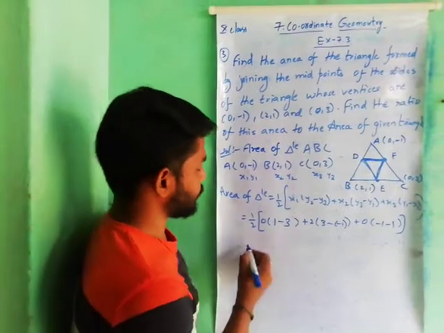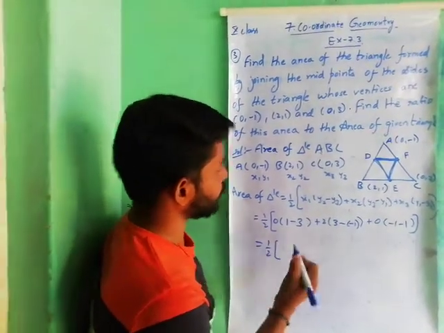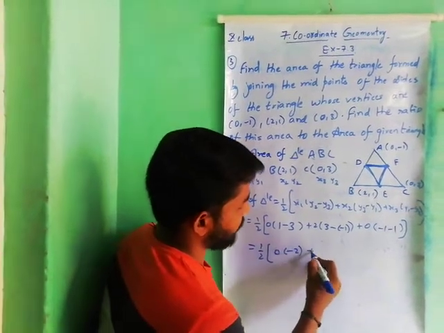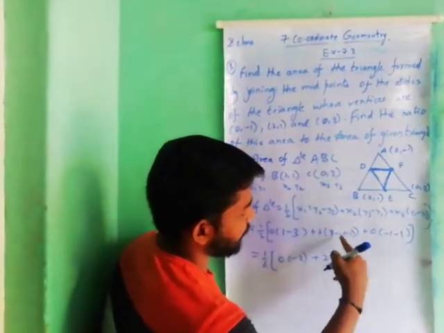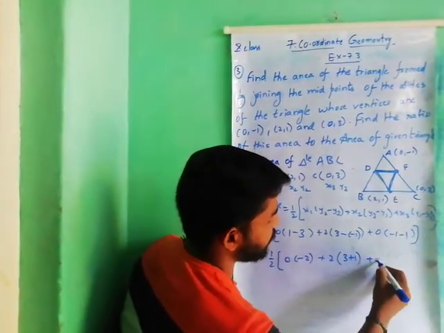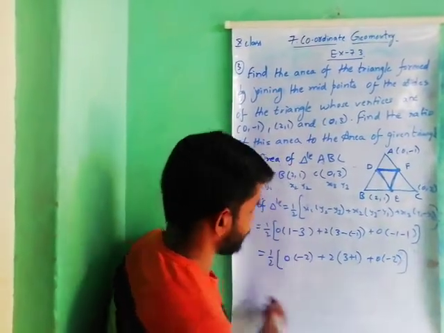Understand? So 1 by 2 into, 0 into minus 2 plus 2 into 3 plus 1 plus 0 into minus 2.